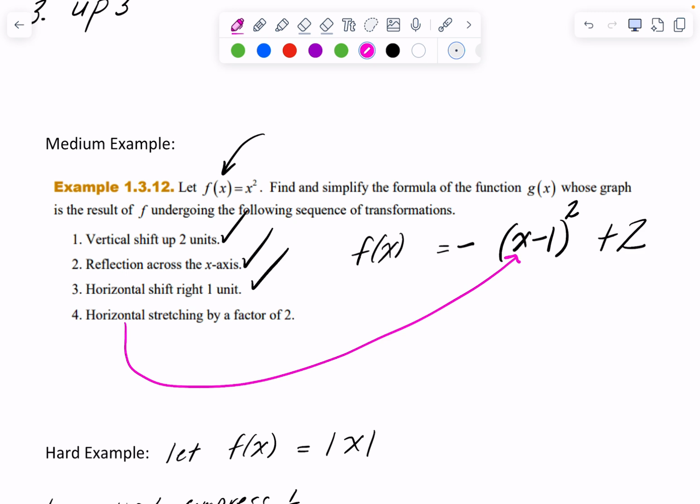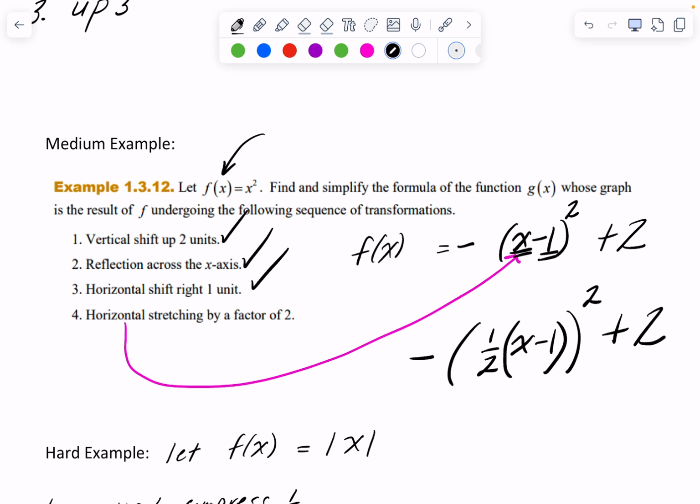Now here's where people are going to mess it up. They're going to go like this. 1/2 x minus 1 squared plus 2. That's wrong. Here's why. If you're putting something in parentheses, you absolutely have to choose to distribute it through to this and this. See, watch.